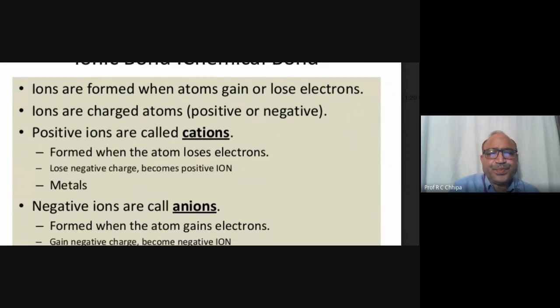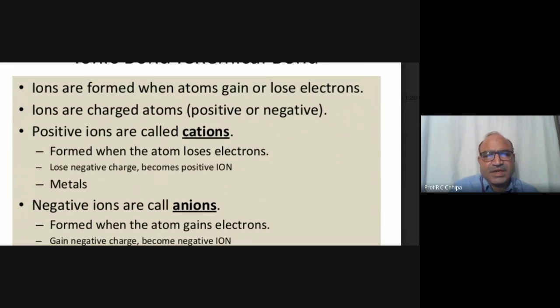We have already discussed this, but more relevant is how the cations and anions are formed, the formation of ions. Ions are formed when an atom gains or loses electrons.